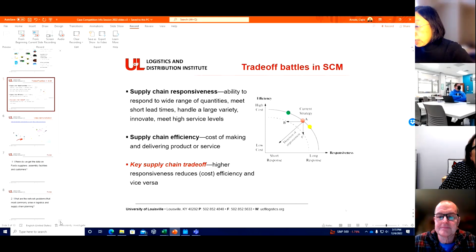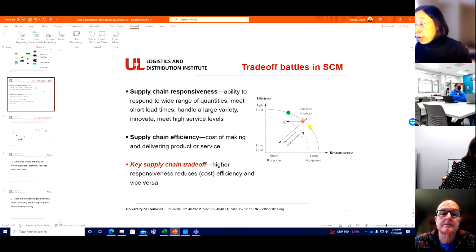If you look at the green, yellow, and pink, they all have their pros and they all have their cons, right? The green point has the shortest response time, meaning it's the quickest. However, its cost is also the highest. I do want to highlight that for this case study, there is no unique answer to the question that we're giving you.